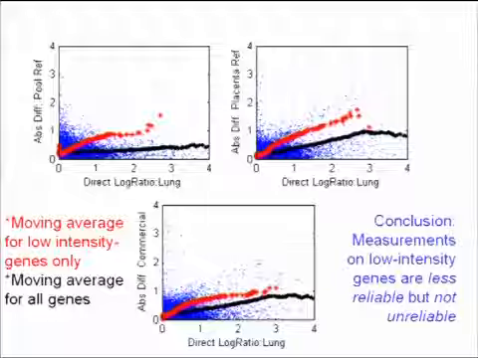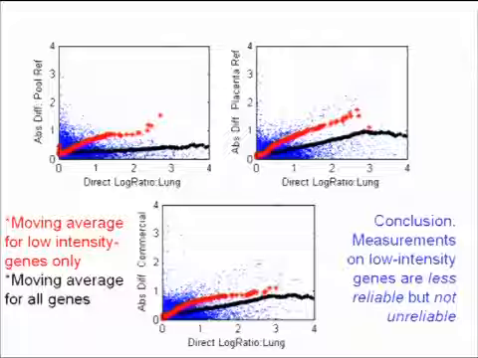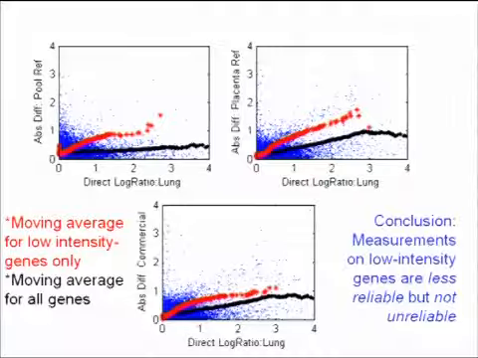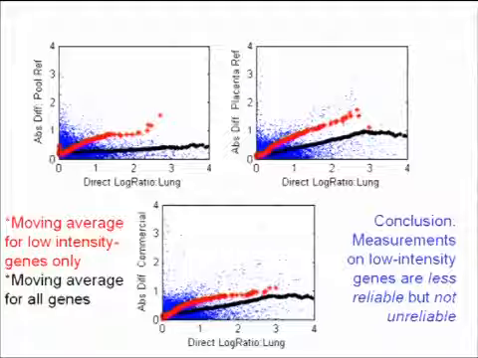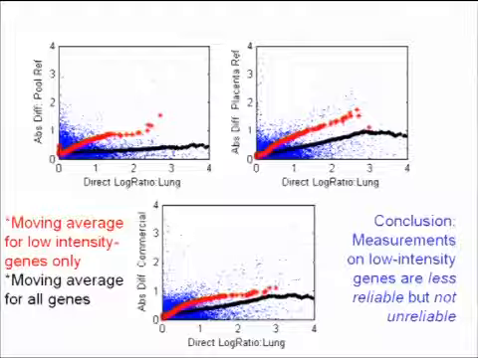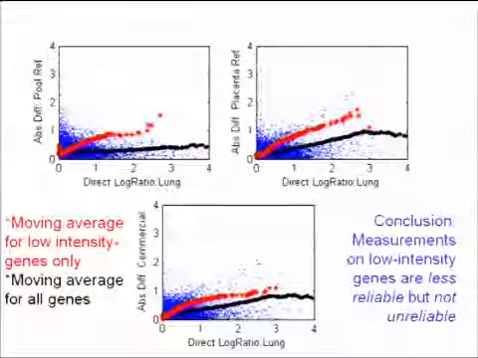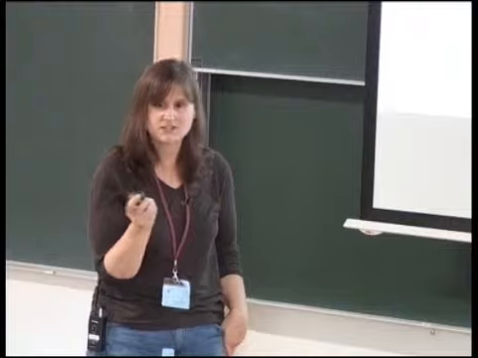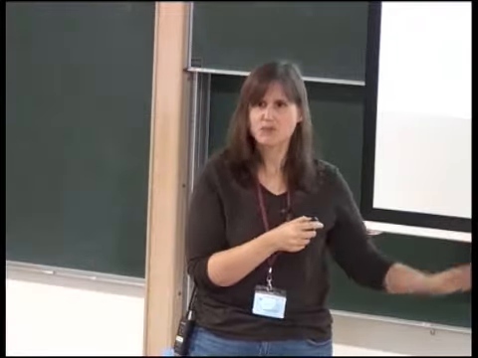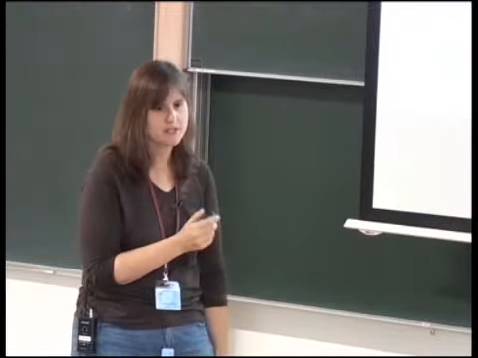The black line shows the trend for all genes, and the red line shows the trend for the low intensity genes. And certainly those errors tend to be larger for the low intensity genes. So I'm not saying there isn't any issue with low intensity readings. I'm saying low intensity genes are less reliable, but I'm not wanting to go so far as to say they're unreliable, just throw them out, which is what some people say.